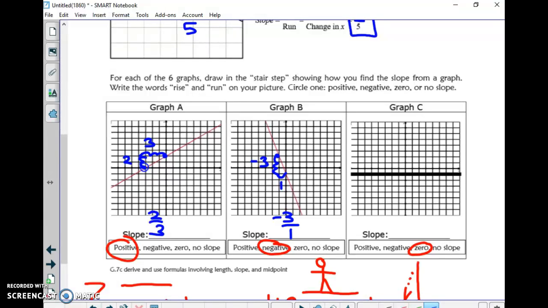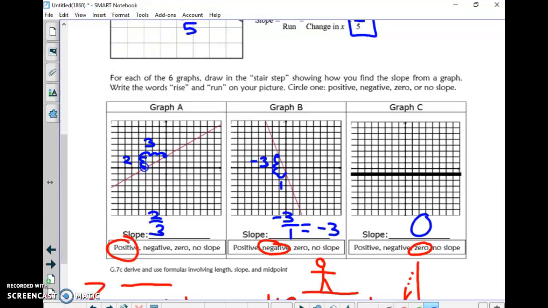If it's over 1, you can just write that as a whole number, so the answer is negative 3. Next one, what's the slope? 0. You'll notice there is no rise, but there's a lot of run on those horizontal lines. That would be 0.